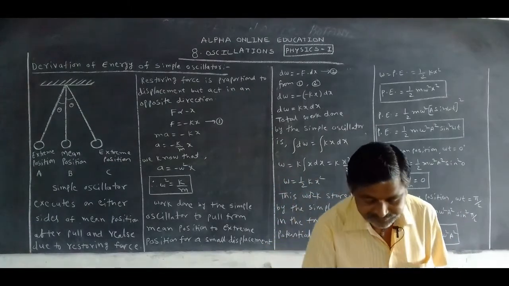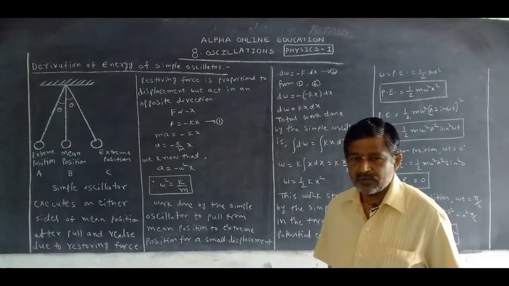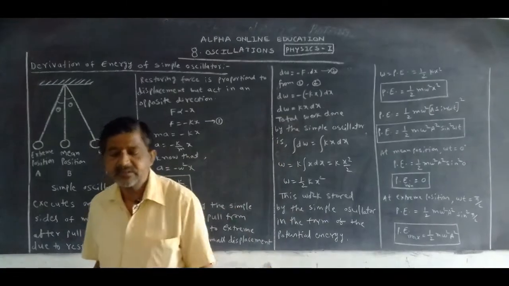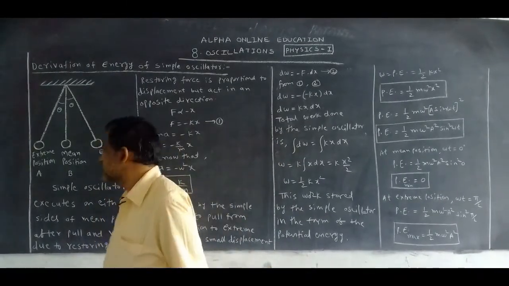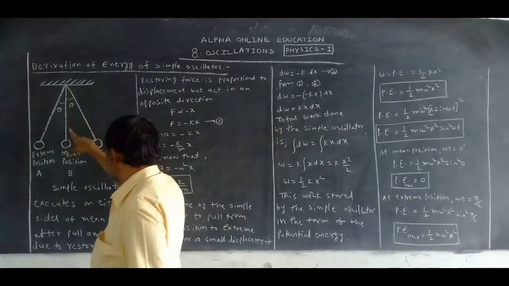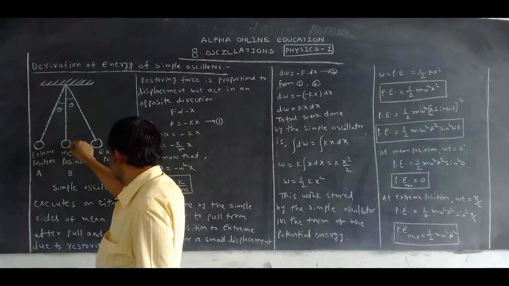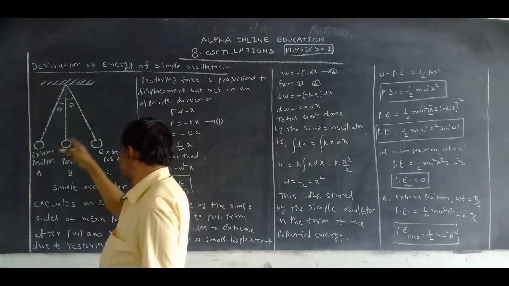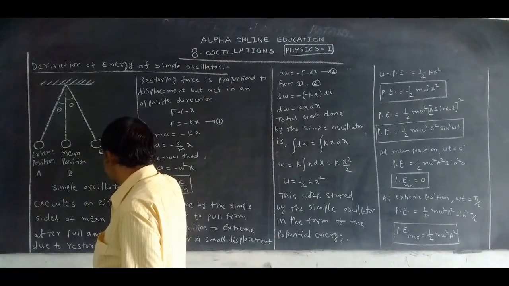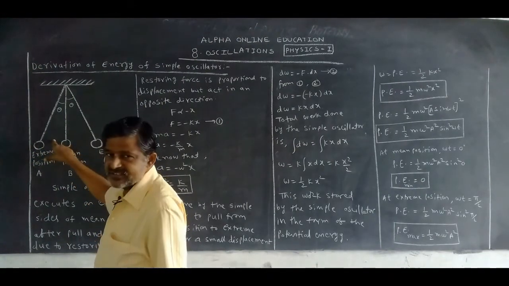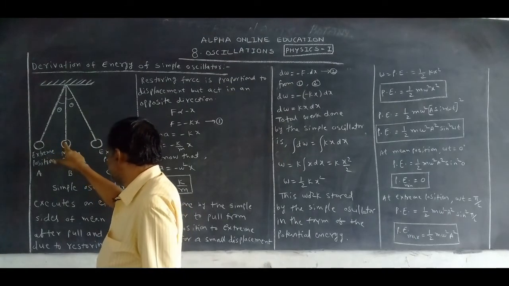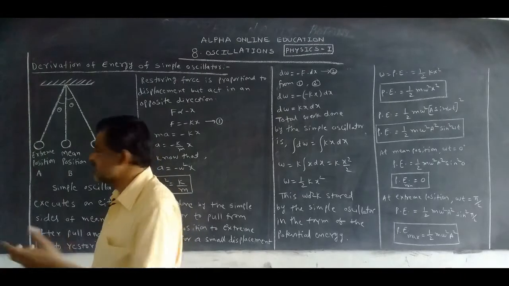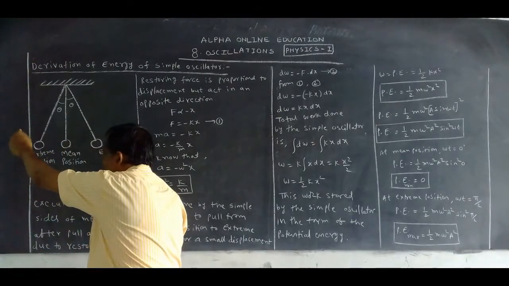For it, first we want to draw a diagram of the simple oscillator. A simple oscillator is nothing but a simple pendulum. This is the mean position. You pull and release, and it executes motion on either side of the mean position. These are called extreme points. This is the mean position. You pull in this direction or in this direction and release.